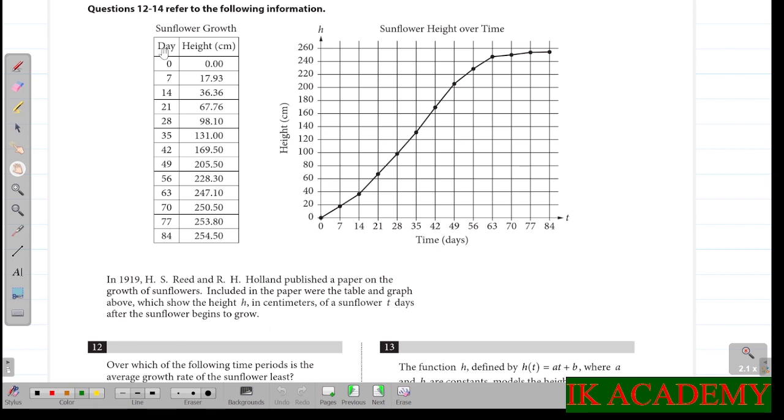In the table we have been given two columns, days and height in centimeters. Also the time in days is represented on the x-axis and height in centimeters on the y-axis, and by combining the points we get the curve of this function.